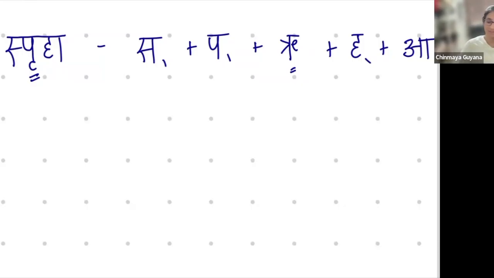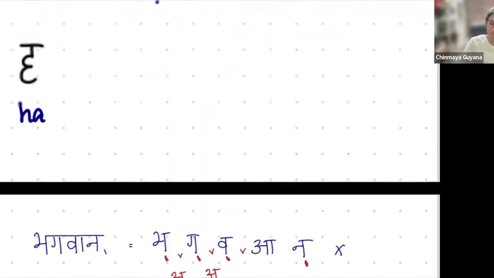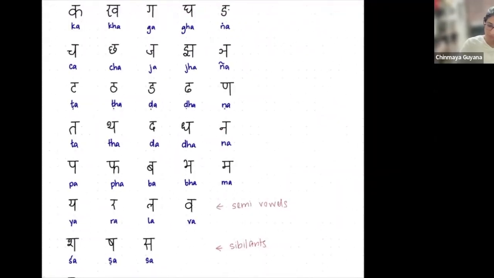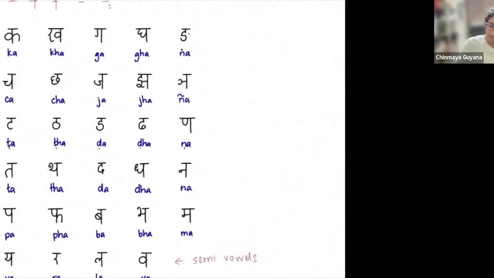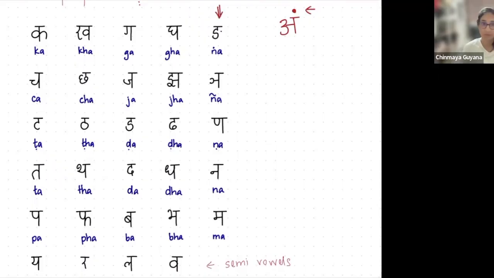All right, now let me tell you about our friend. I'm going to do it on this page. The dot on the top is a placeholder for all of the nasal sounds.